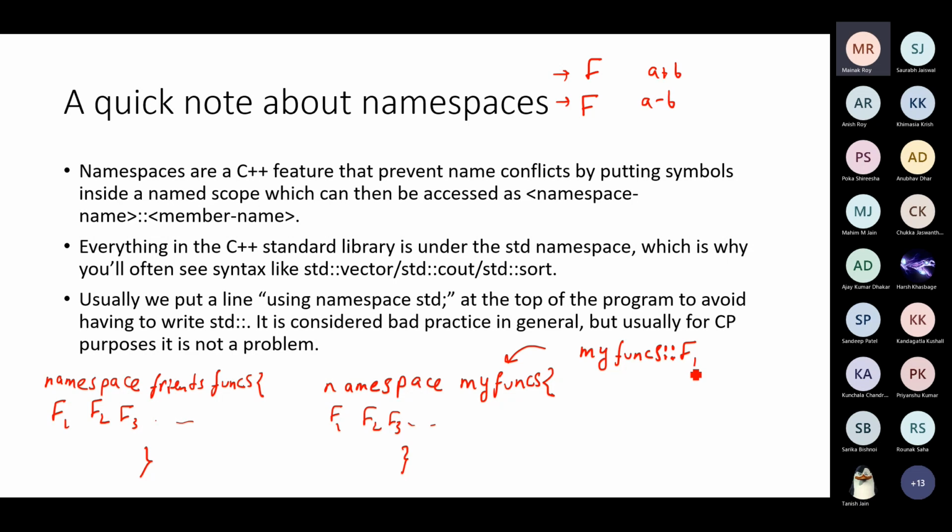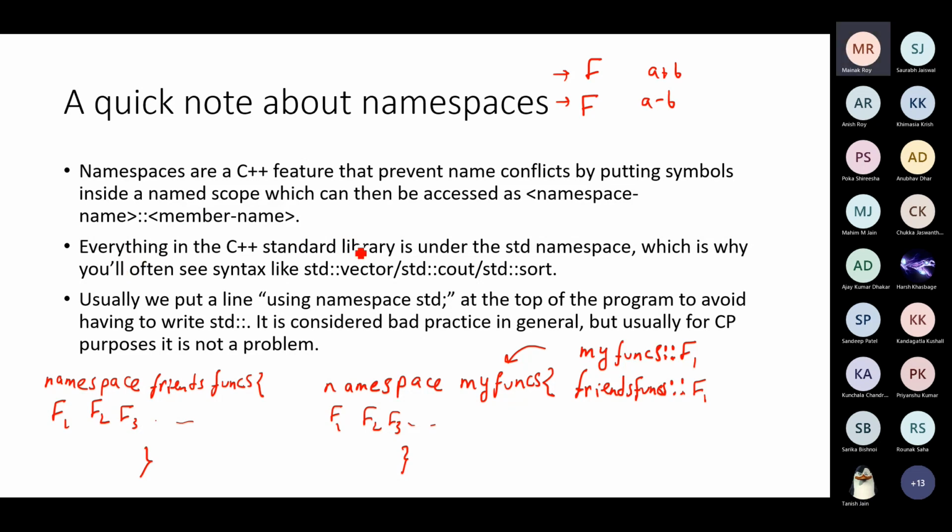And when your friend wants to use his function f1, he can refer to it as friends funcs, then the operator, then f1. The important point is that now there is no confusion.